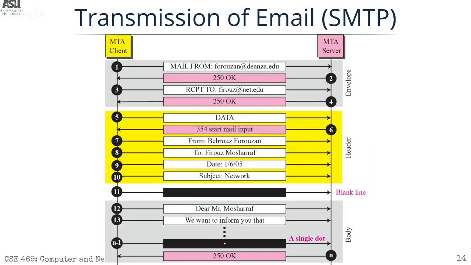Then the MTA server says, okay, go ahead and start sending the actual email. And the 7, 8, 9, 10, these are all the headers. There's actually a lot more headers that will probably be included in this. We'll take a look at some examples in just a second. And then a blank line. This is a required part of sending an email.